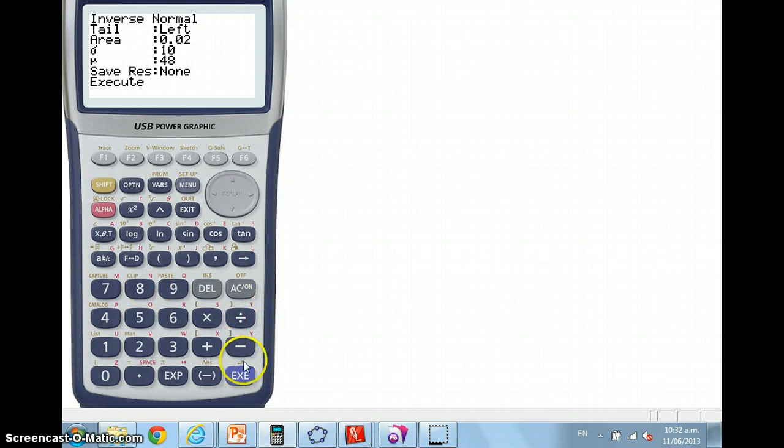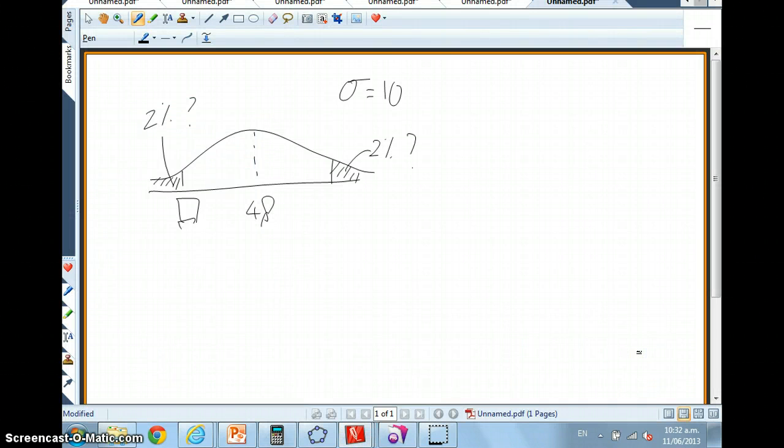And what's this going to tell us? 27 what? The question asks us to give our answer to the nearest month. So in there goes 27 months.